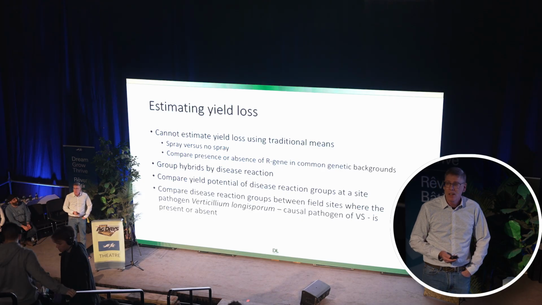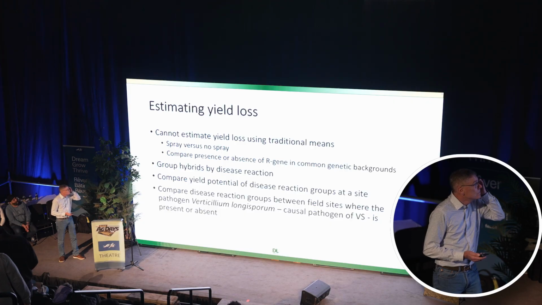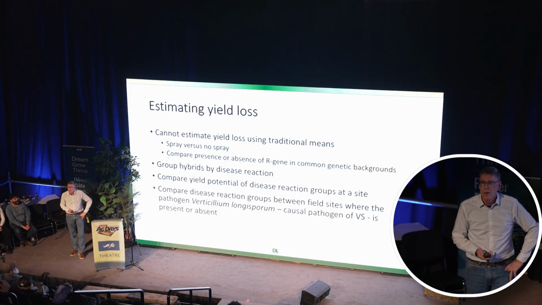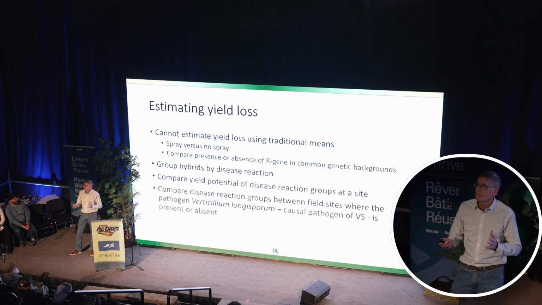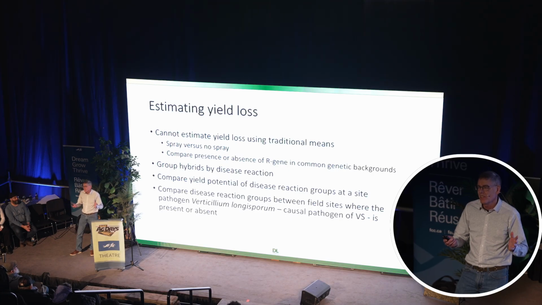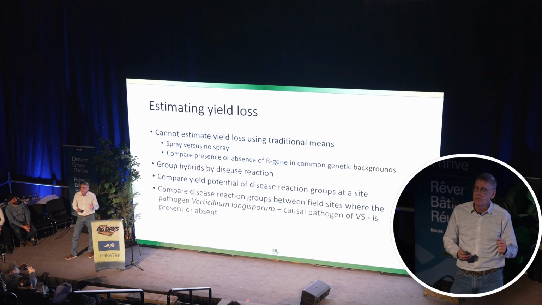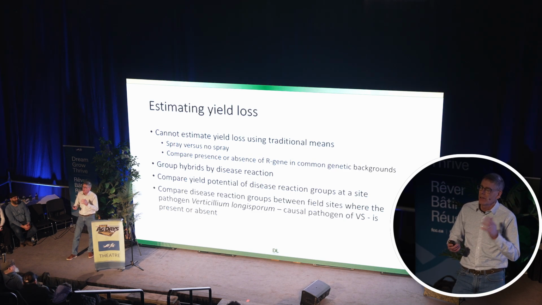So I can talk about yield. The problem is, traditional ways of measuring yield loss is, for example, spray, no spray, and to try and tell if there's yield loss. But as I mentioned, we don't have any pesticides to do that job. Another way is to put resistance genes into different backgrounds. So you have the same background with and without a gene, compare those, and see if there's a difference.